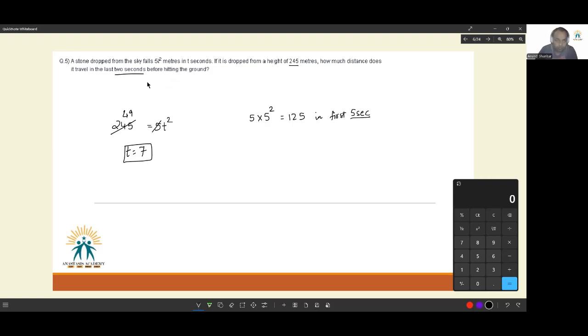The stone has traveled for a total of 245 meters in 7 seconds. It has traveled 125 in the first 5 seconds. So in the last 2 seconds, it traveled 245 minus 125, 120 meters. That's it.